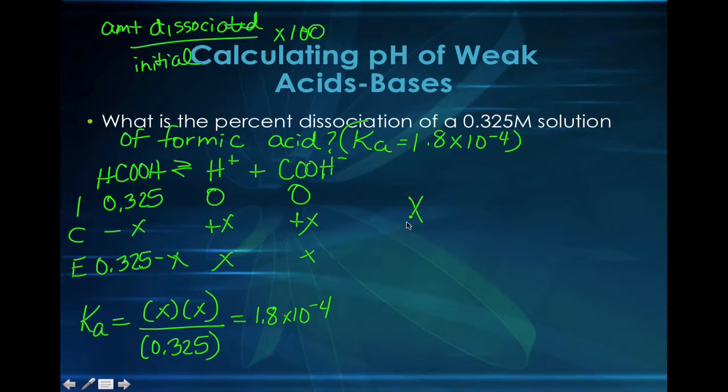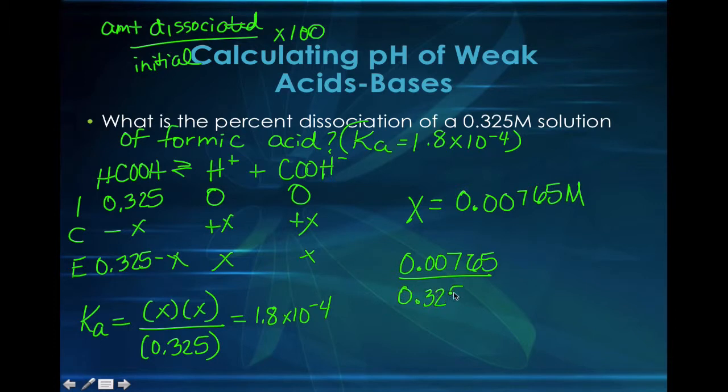So I solve for x, and when I do all my math, I end up finding that it is 0.00765 molar. All right, that is x. That is the amount that is dissociated. So that number is going to go on top of the percent dissociation equation. I put the original molarity on the bottom, which is the 0.325, and I'm going to multiply by 100.